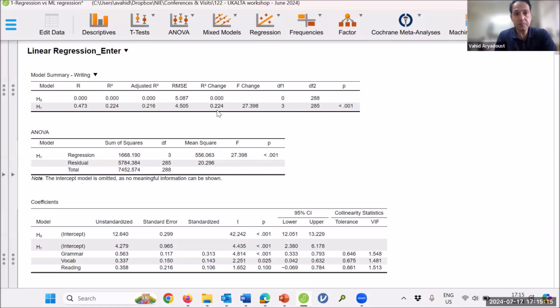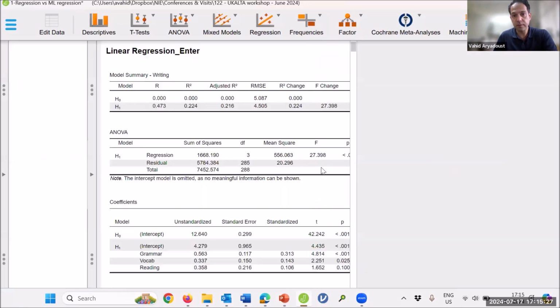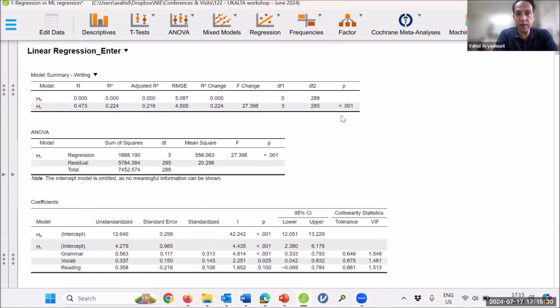As you can see, the p-value here on the right-hand side refers to whether the difference between the first R-squared, which was 0, and the second R-squared, which was 0.224, is statistically significant. It is statistically significant. So the two models have statistically significantly different prediction powers in favor of H1.